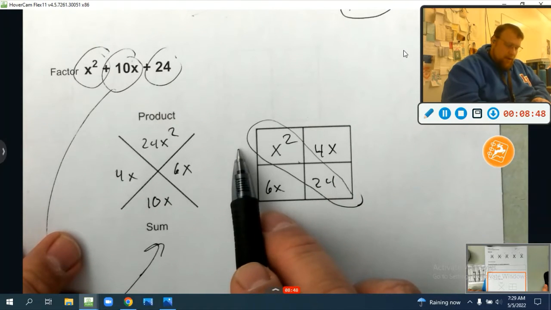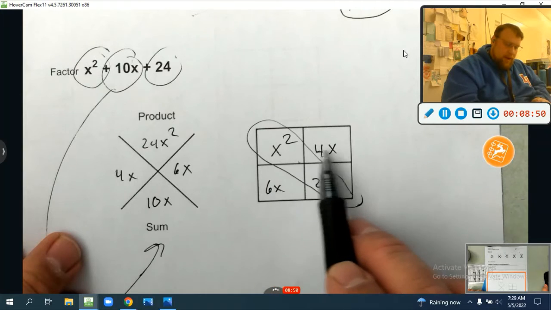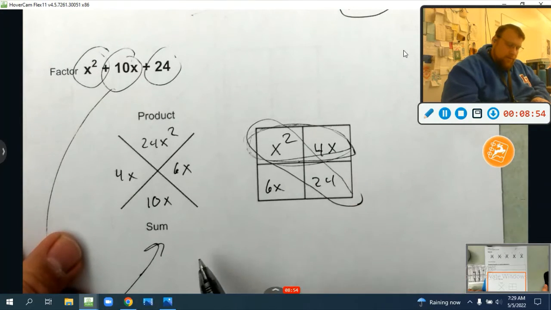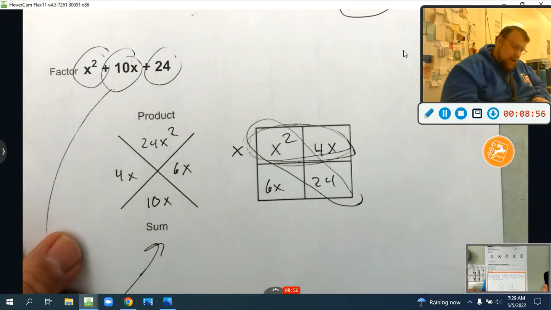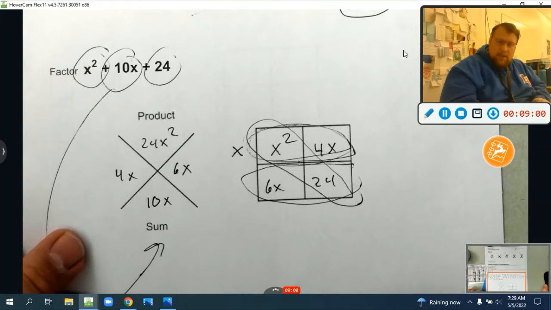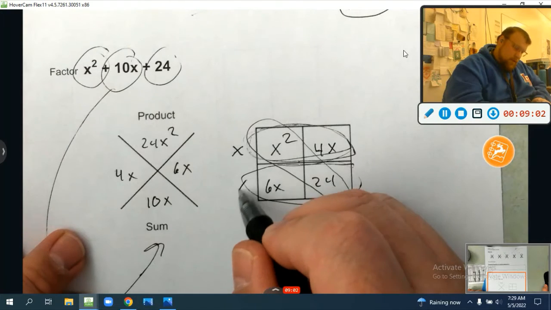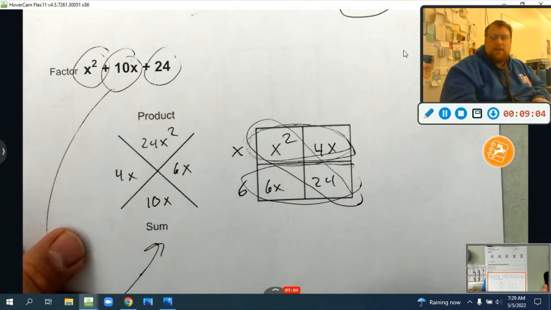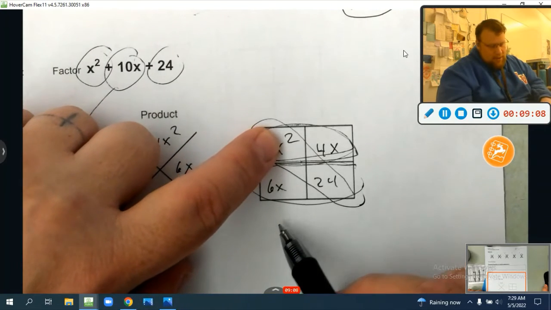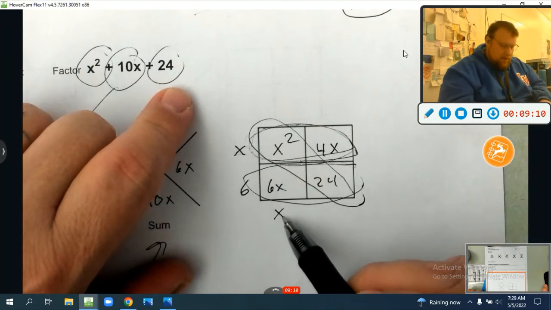Then I look up here. What can I pull out of both an x squared and a 4x? So I'm just looking at this row right here, factoring this row. And I can only take out an x. How about in this row? What can I pull out of a 6x and a 24? Pull a 6 out. Then I start thinking about areas, length times width. So x times something is x squared. Well, it's going to be times x.